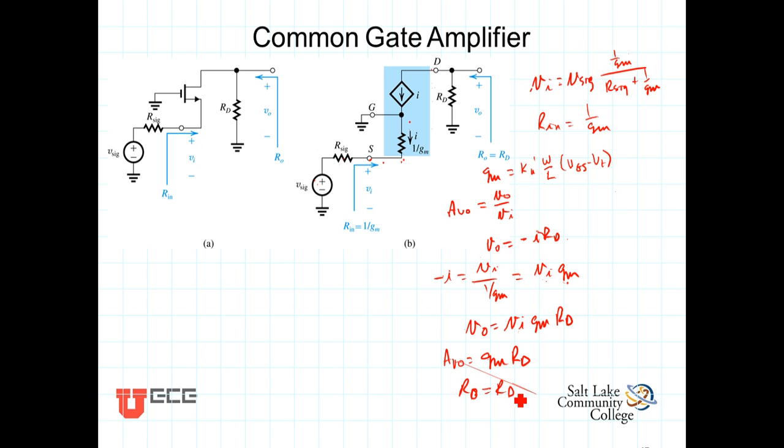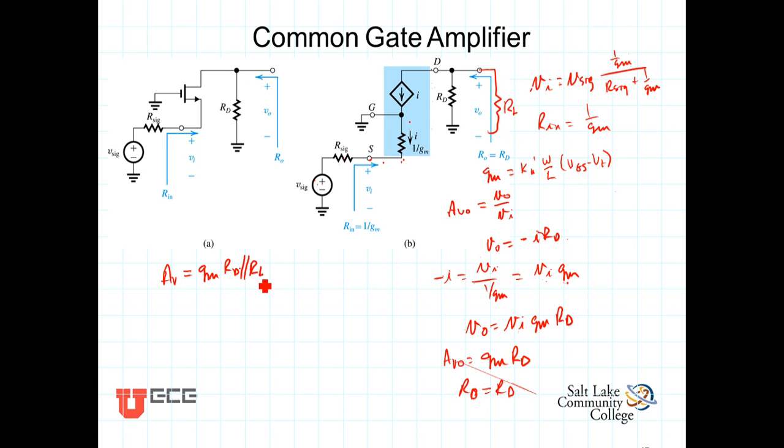If we now attach the load resistor, once again R_L is in parallel with R_D, and we can calculate the closed circuit gain A_v. It's going to be the same as the open circuit gain, only we now have R_L in parallel with R_D. So A_v is equal to g_m times R_D in parallel with R_L.